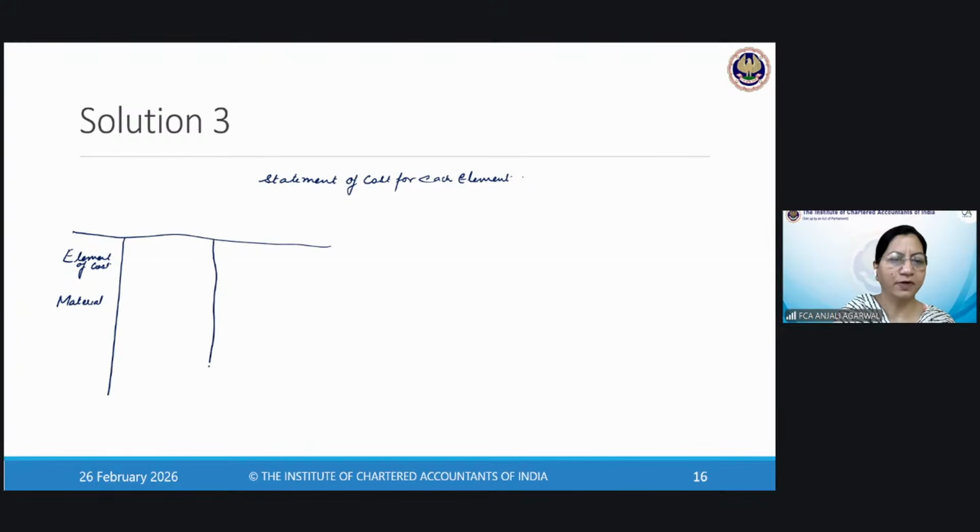Now, the second important thing in weighted average is what is the cost of material? It was 52,000. But to that, I have added plus 8,000.